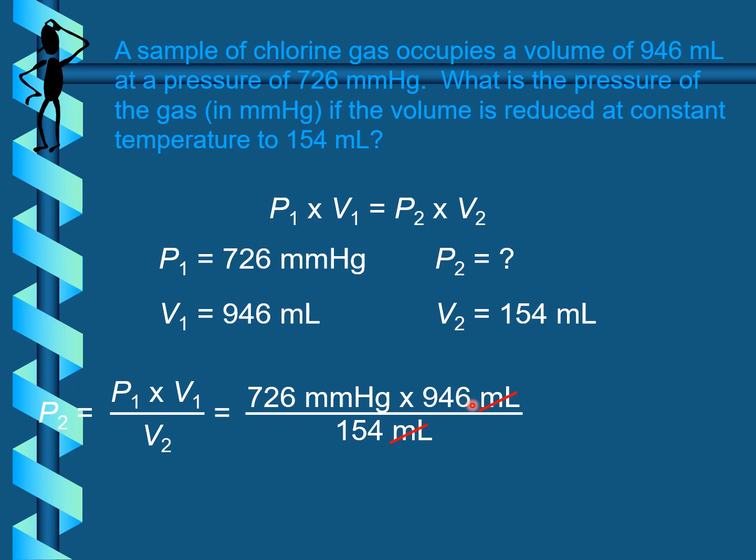The final pressure would be equal to 4,460 millimeters mercury. You will take note that when the volume is decreased, the pressure is increased. That is what is meant by inversely related or inversely proportional.